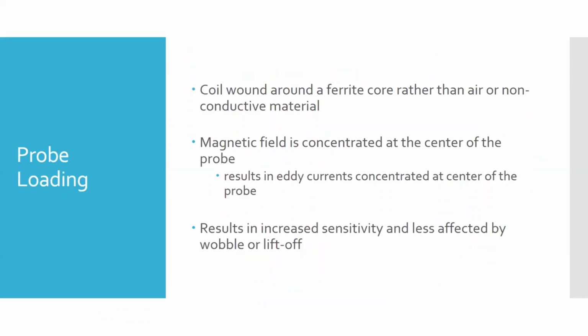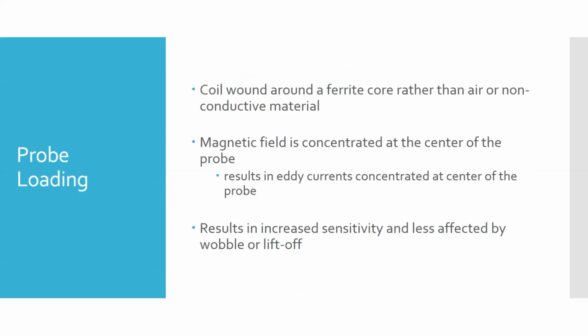Another way we can affect how the coil interacts with our object is we can load the coil. We can do what's called probe loading. In that case, the coil typically has to be wound around something. They can be wound around air, in the sense that there's some kind of a hollow tube that they get wound around. Or you can wind them around some kind of a more solid material that can help to concentrate the magnetic field as well.